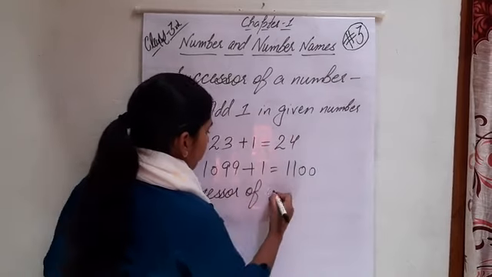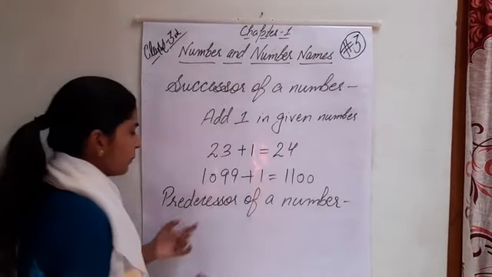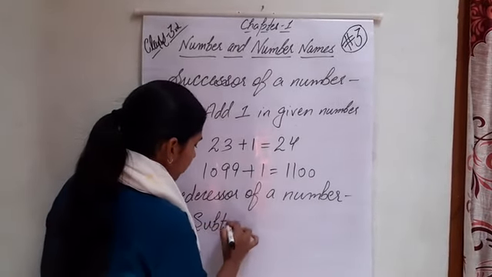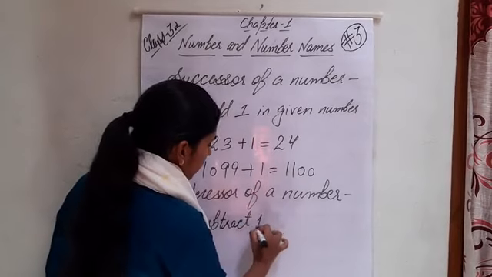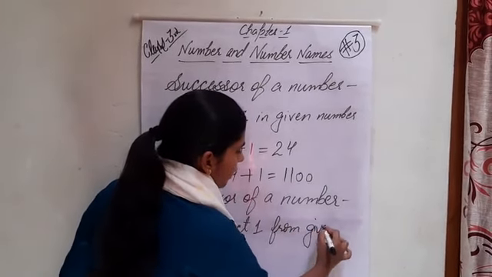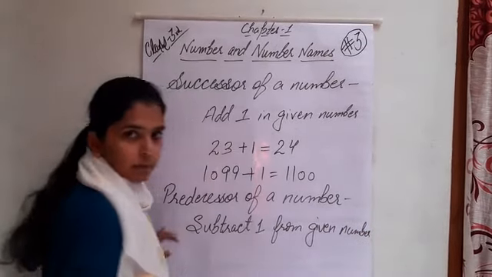And one more thing I told you, which was predecessor. To find the predecessor of a number, we need to subtract 1 from the given number.